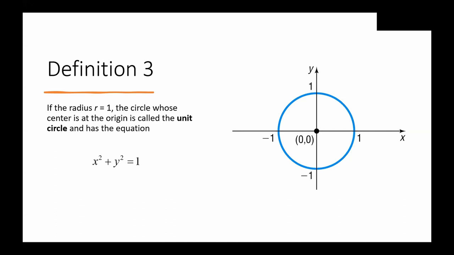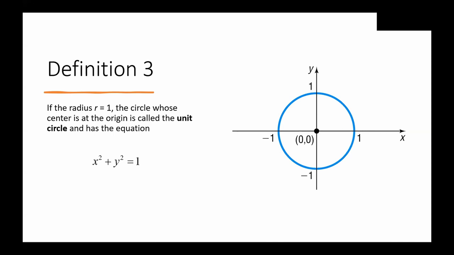So one more definition that we're going to have: something called a unit circle. In a unit circle, the radius is always 1 and the center is always at (0, 0). That's just the definition of a unit circle. So if we go back and use that equation, the equation we just looked at had a center at (0, 0), so it was x squared plus y squared. None of that changed. We didn't move the center.